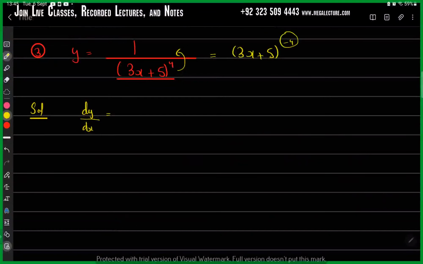This number right here is going to come as the coefficient, that is minus 4. The bracket part would come as it is. The power of the bracket is old power minus 1. And whatever you had inside your brackets would be differentiated. So the derivative of 3x plus 5 is what, Rafe?